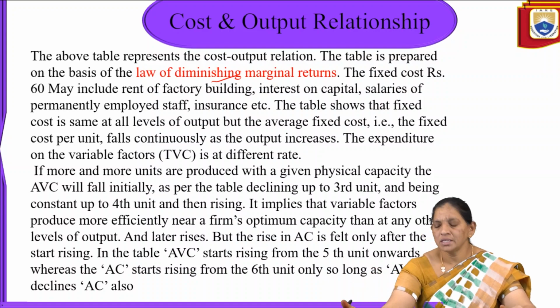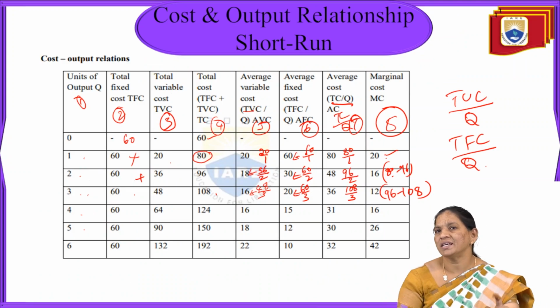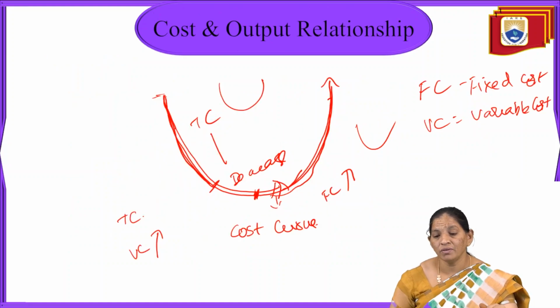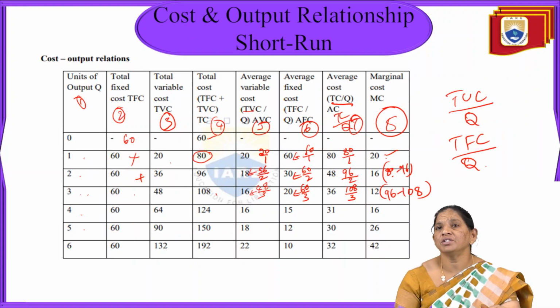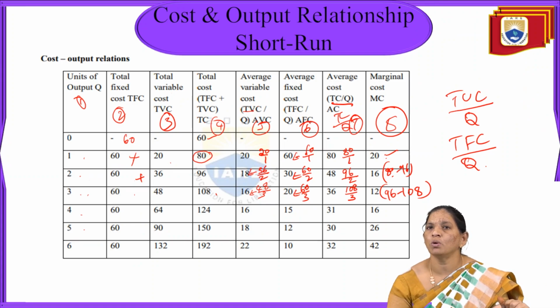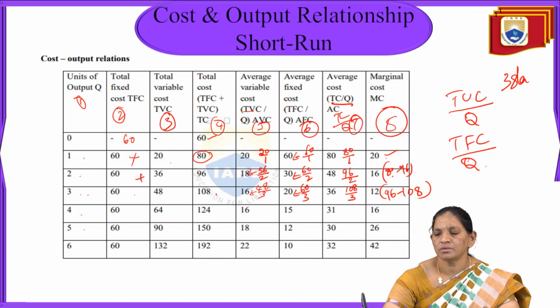So the cost function is also the same. In the short run, as we know, the law of diminishing utility is already in the production function. When we recall the short run production function, the law of diminishing marginal utility, it has 3 stages.